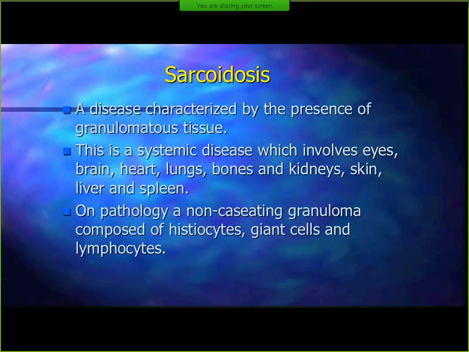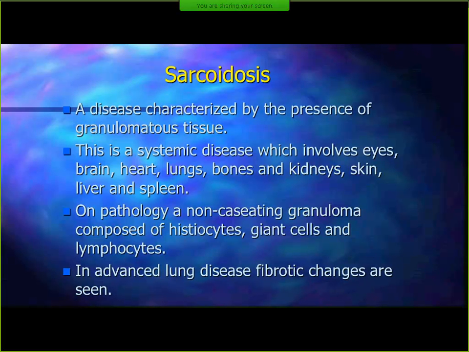And then on pathology, you see a non-caseating granuloma: histiocytes, which is just another word for macrophages in the tissue, giant cells, and lymphocytes. In advanced lung disease, you can see fibrotic changes, and at this stage, you may not be able to differentiate it from other interstitial lung diseases that cause fibrosis.